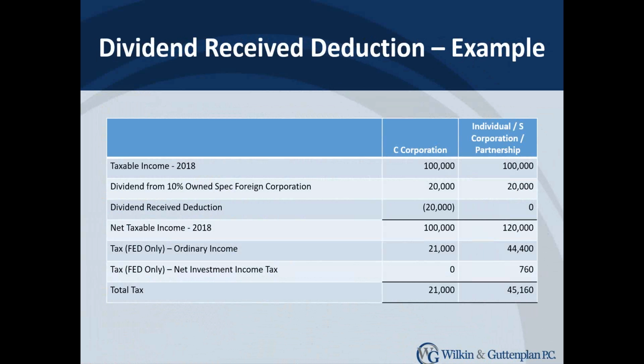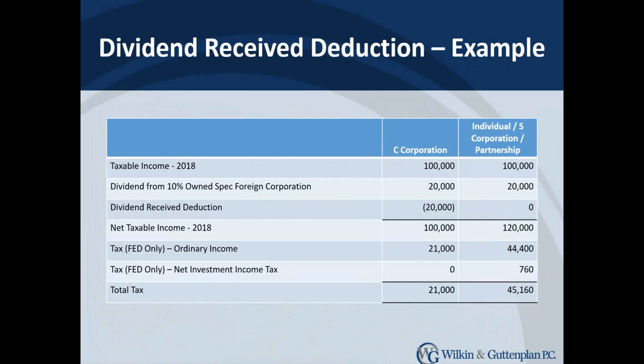So now let's focus on the column on the right. My taxable income is $120,000. I'm computing income at the new individual top rate of 37%. I'm adding my net investment income tax of 3.8%, and I have a tax burden of $45,160. Now let me go to my column on the left.